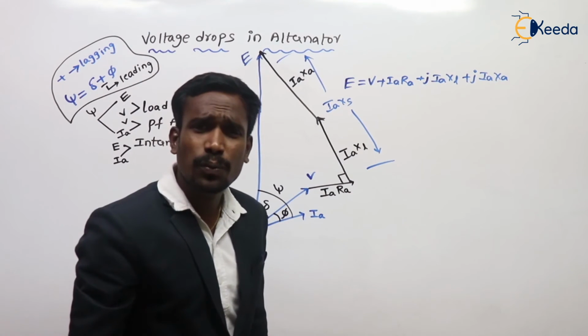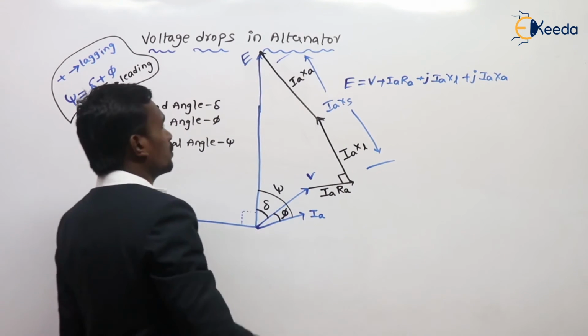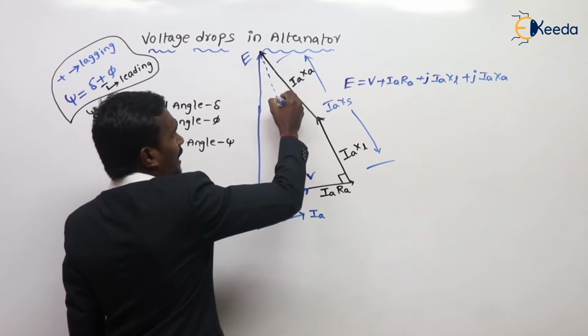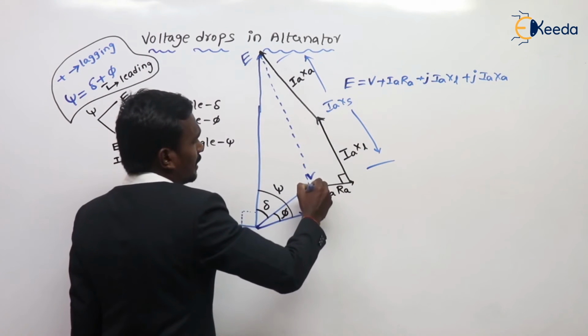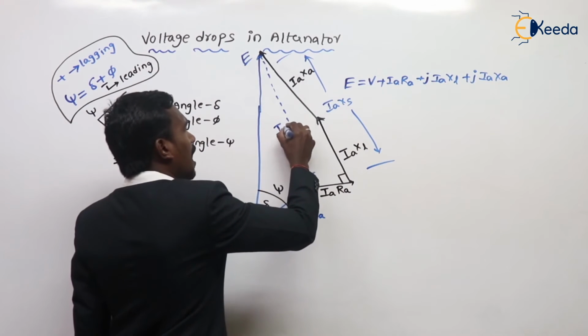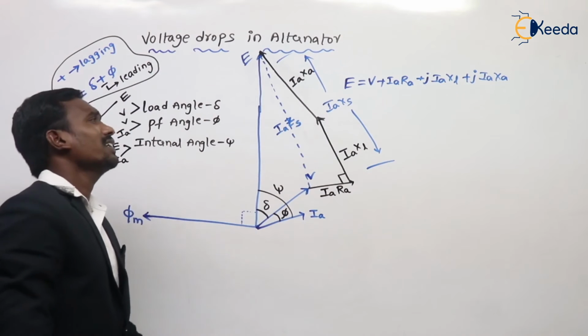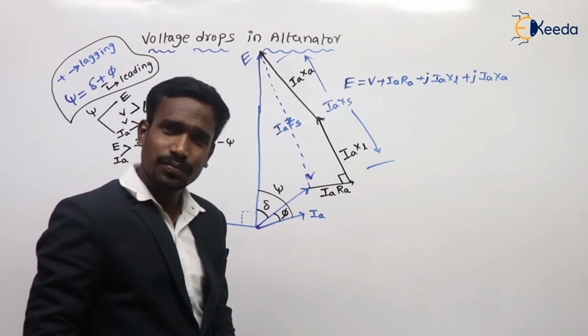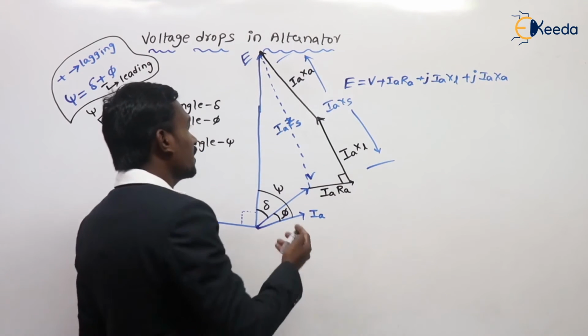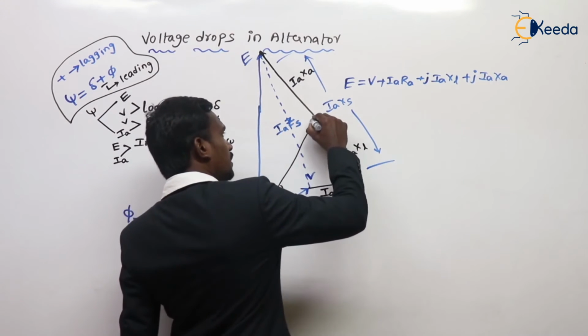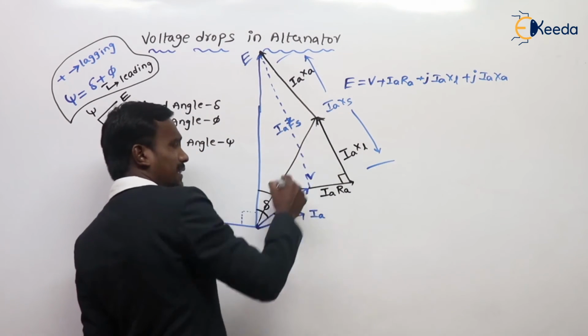Yes or no? So now tell me, this IaRa plus jIaXs is nothing but IaZs. And here, if you take the line like this, what is this line?